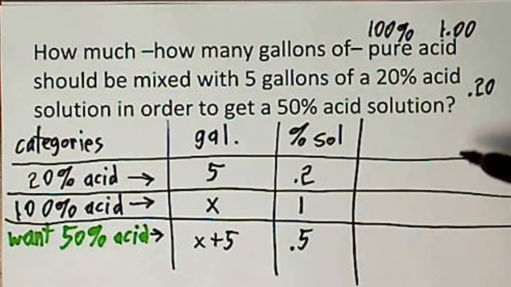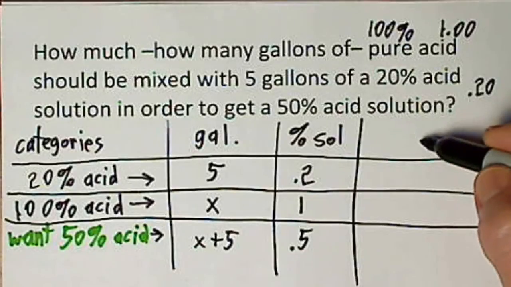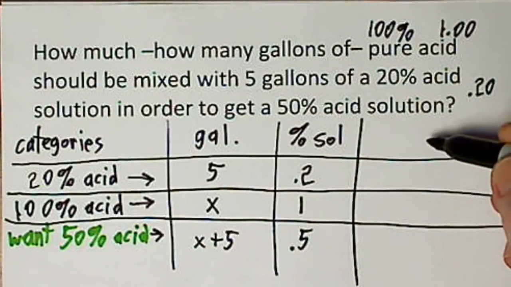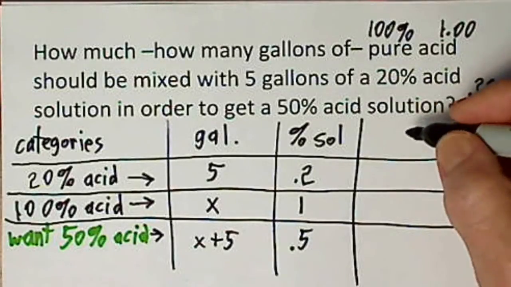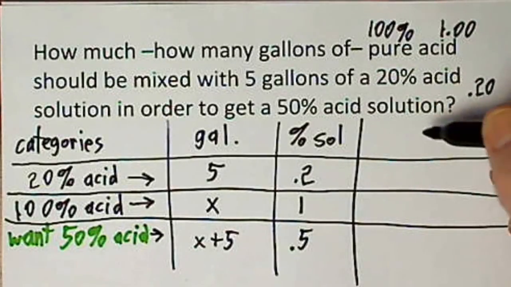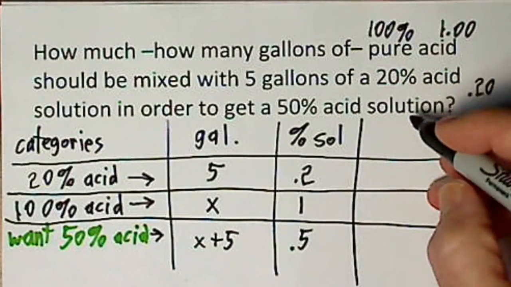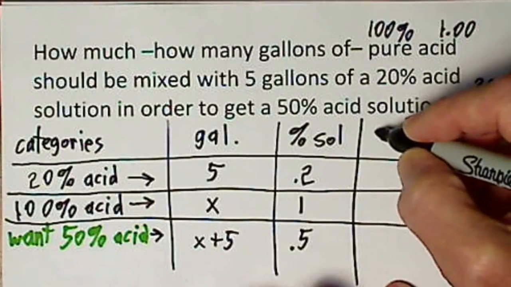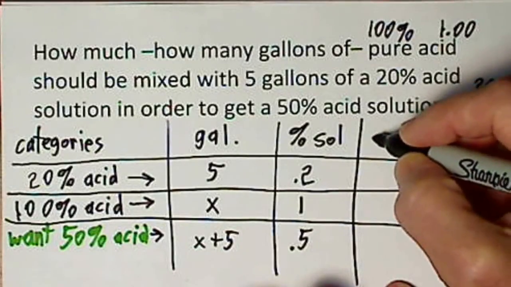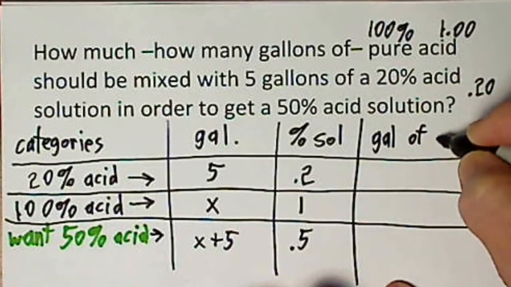And then finally, we're going to describe how much pure acid is contained in each one. And this is a little bit strange. Well, they're asking how much pure acid gets put in, so that's kind of convenient. All right, so we'll put gallons of pure.